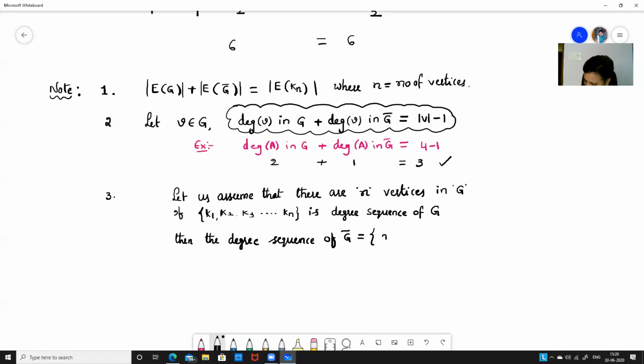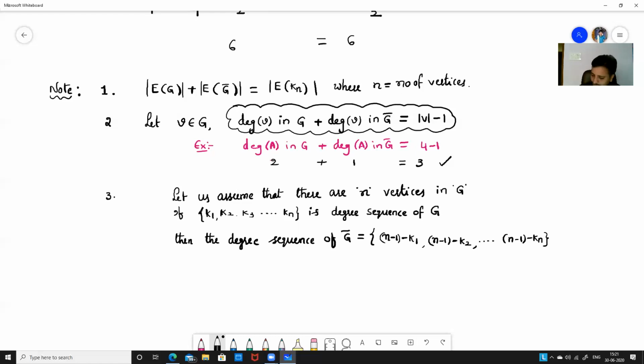Therefore, from that n minus 1, we have to subtract k1. So n minus 1 minus k1. It is very simple logic. I'll explain in detail. First, let me write that point. Another one is n minus 1 minus k2 and so on, n minus 1 minus kn. This is the degree sequence of G bar.